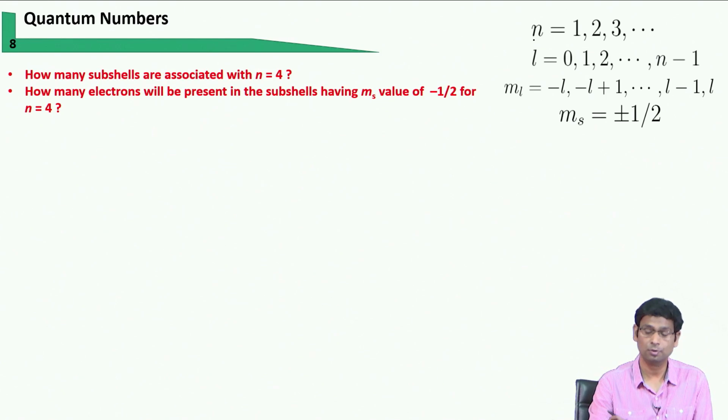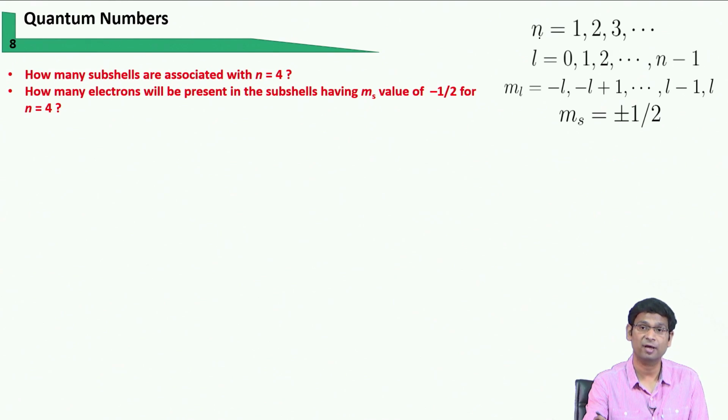They are the principal quantum number, which is denoted by n, which goes from 1, 2, 3 and higher values. For each principal quantum number n, we have an associated azimuthal quantum number, which is denoted by L, and the value of L goes from 0, 1, 2 to n minus 1.